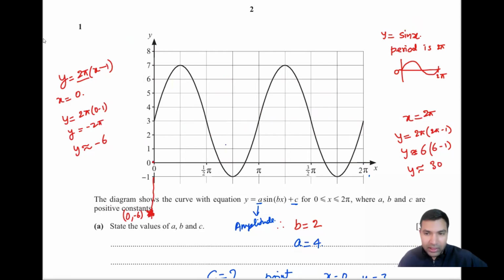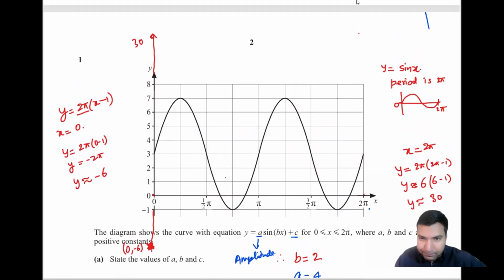So approximately y will be equal to 30. Now you only see where 30 will be. If I extrapolate this graph, 30 will be somewhere here. So when x is 2 pi, at this point, 30 will be somewhere here. Got it? A very, very large value, somewhere here, basically. So if I join that, I'll basically see it goes like this.